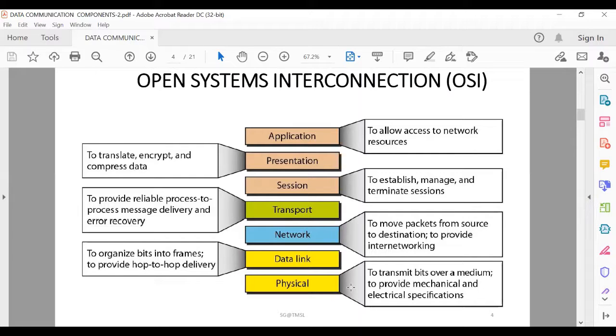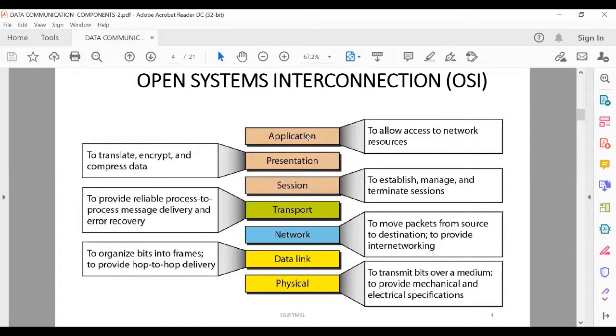The upper layers of the model mainly deal with application-related issues, and they are implemented only in software, like the application layer. This is closest to the end user. Both the end user and the application layer interact with the software applications.